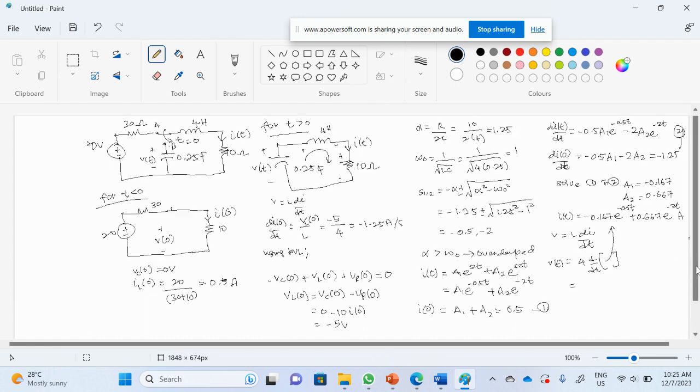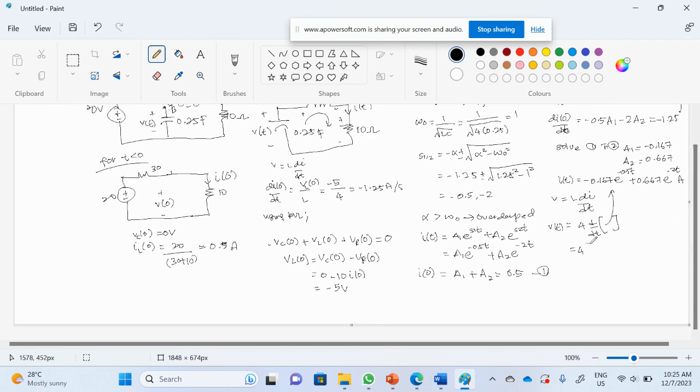So you will get 4 times 0.167 times negative 0.5 exponential negative 0.5t plus 0.667 times negative 2 exponential negative 2t. So, negative 0.167 times negative 0.5 times 4, you will get 0.334, positive, because negative times negative.